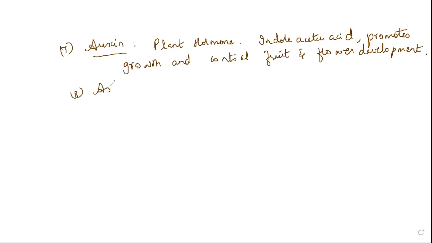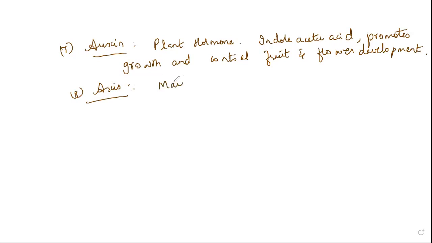The next one is axis. What is axis? It is the main central part of the plant, typically consisting of stem and root from which secondary branches and the other parts develop. I repeat, what is this axis?